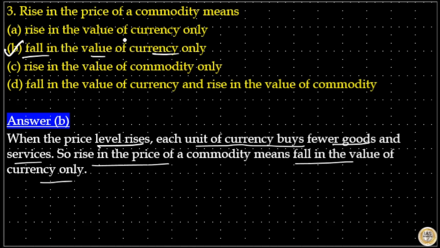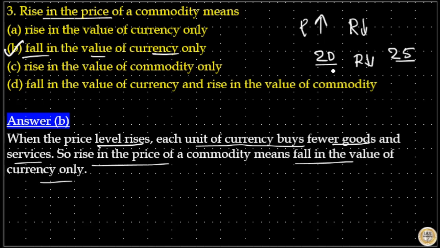That is, when price increases, that means the value of currency decreases. There is an example. If a chocolate costs 20 rupees today and next day it costs 25 rupees, that means here the rupee value decreases.